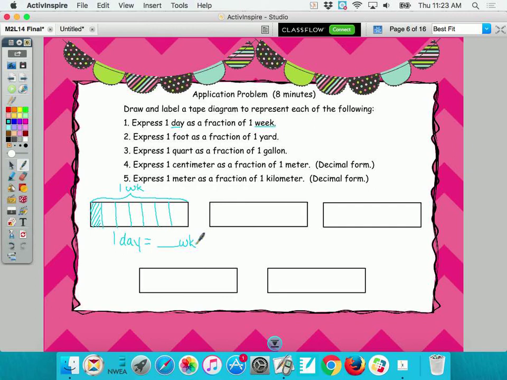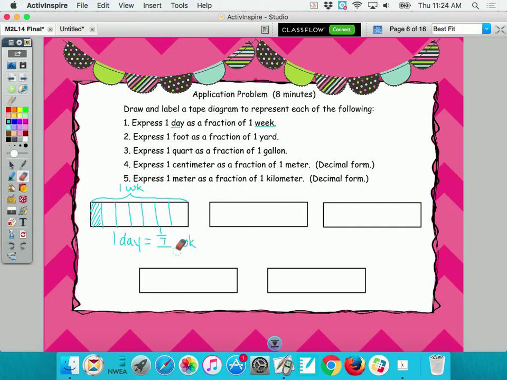There's no way it can be a whole number because I'm starting with 1 week as my unit. One day. So what would 1 day be? What do you think, Robert? 1/7. You're right. You guys are so smart. So 1 day equals 1/7 of a week.